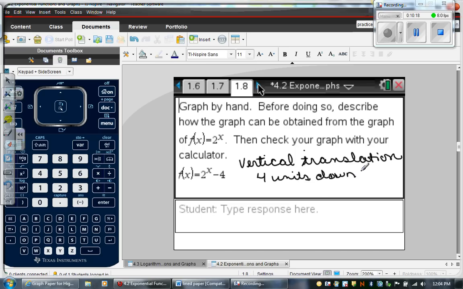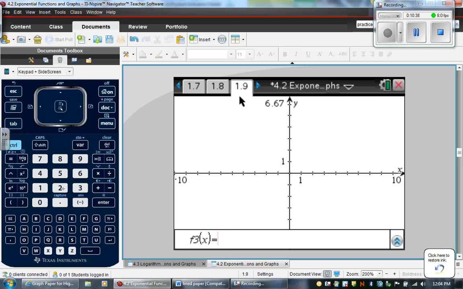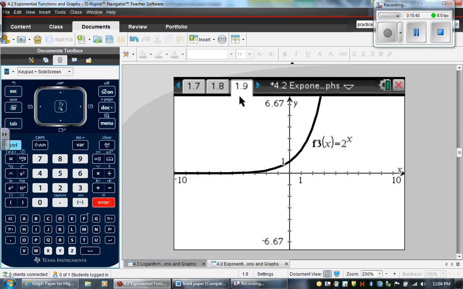So we're going to check to see if we're correct. But given that we've done so much work with these translations, if I'm subtracting from the entire function, not just the x, okay, we should be having a vertical translation. So 2 to the x is my parent function.